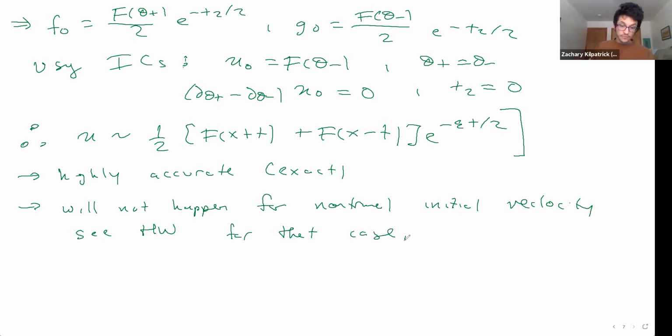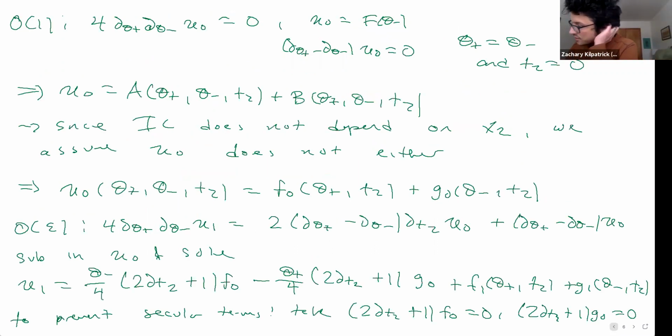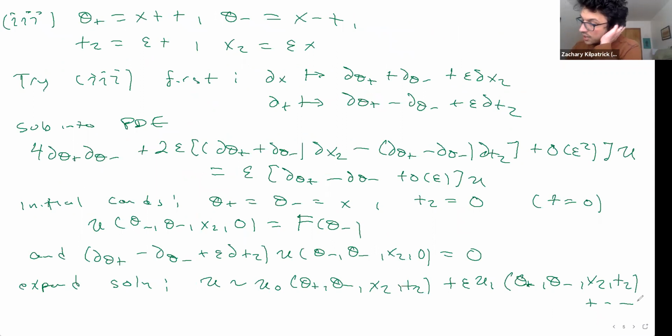All right. So what was the idea there? We included multiple scales, but now we include multiple scales in both time and space because this is a PDE. At lower order, we just use the characteristics because that's what solves a standard homogeneous wave equation for us.